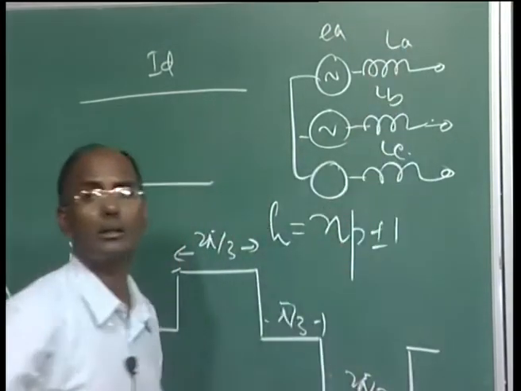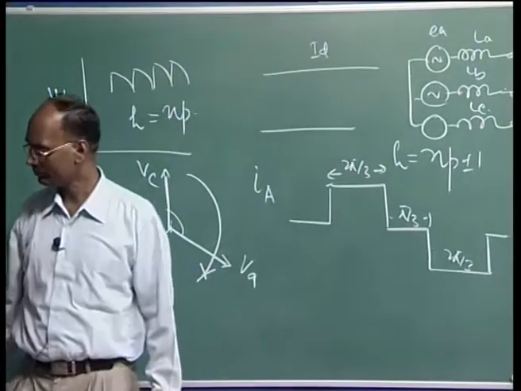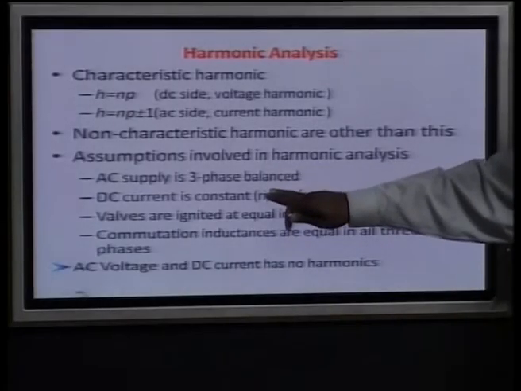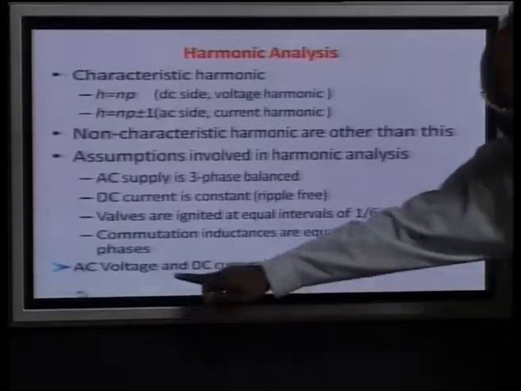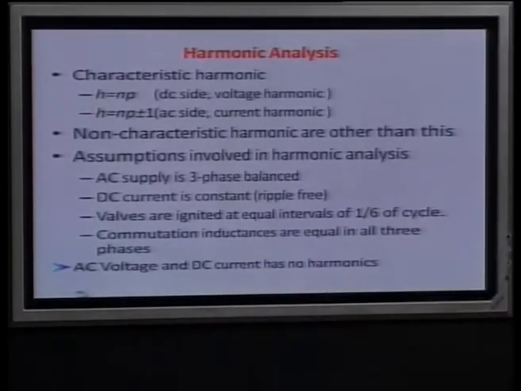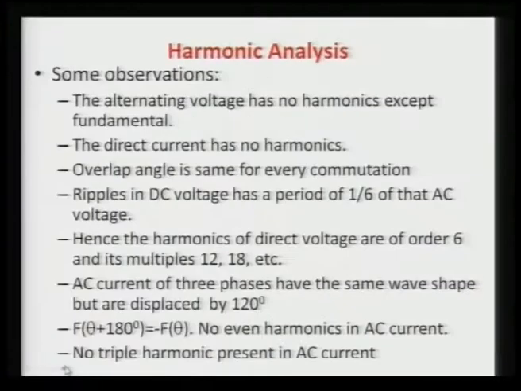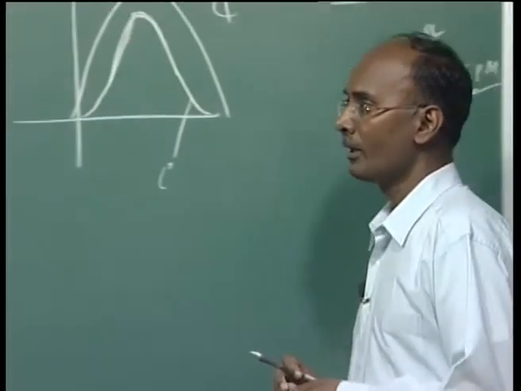So these are equal in magnitude. From these assumptions we can say our AC voltage and the DC current have no harmonics, and some other observations we can make from these assumptions as well as the converter topology.